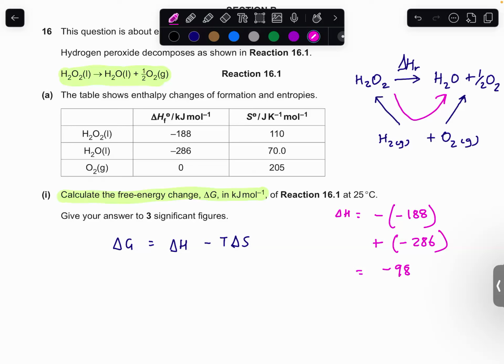Delta S, which is your entropy change. Entropy change of a reaction is products minus reactants. Always remember that. The entropy of the products minus the entropy of the reactants.